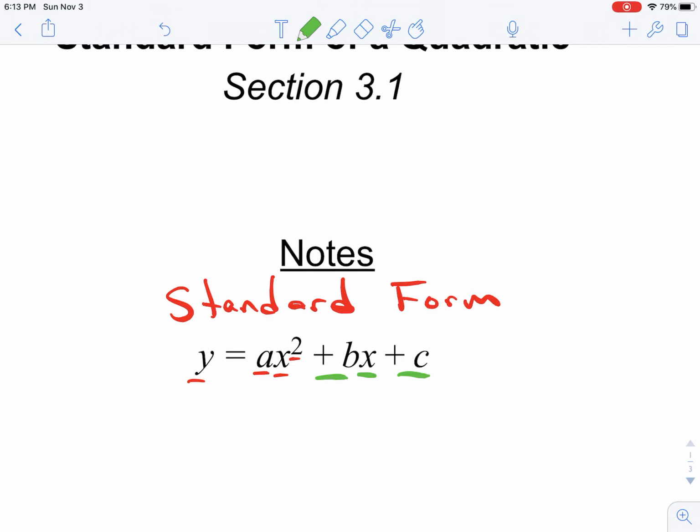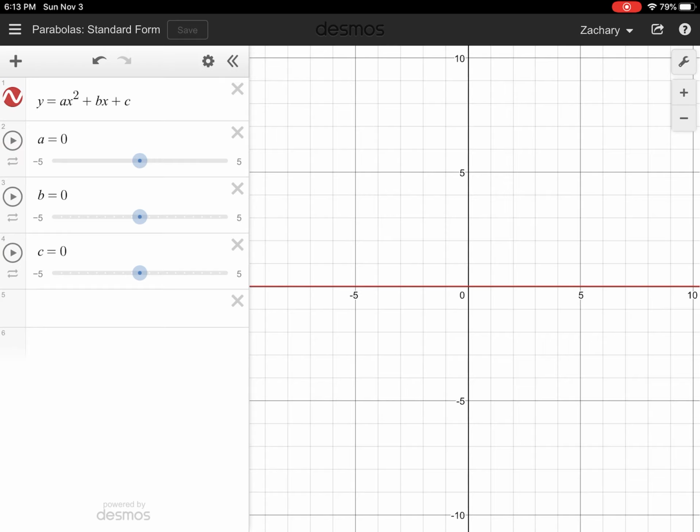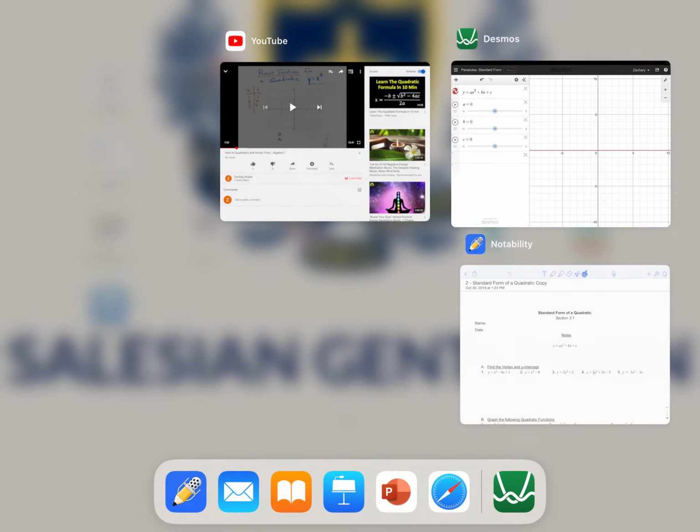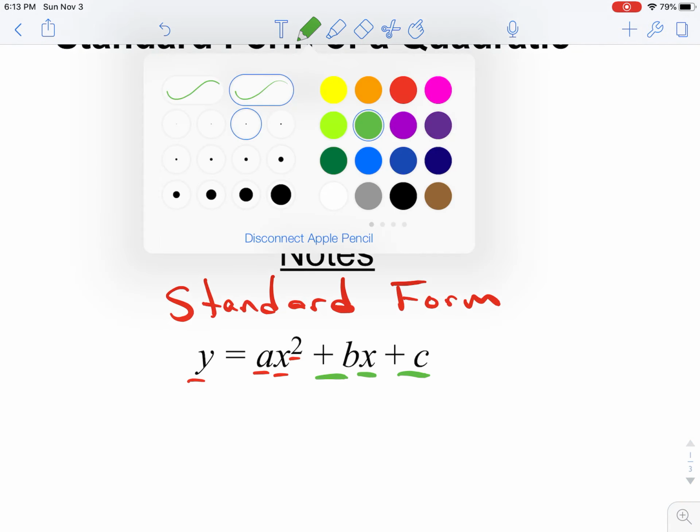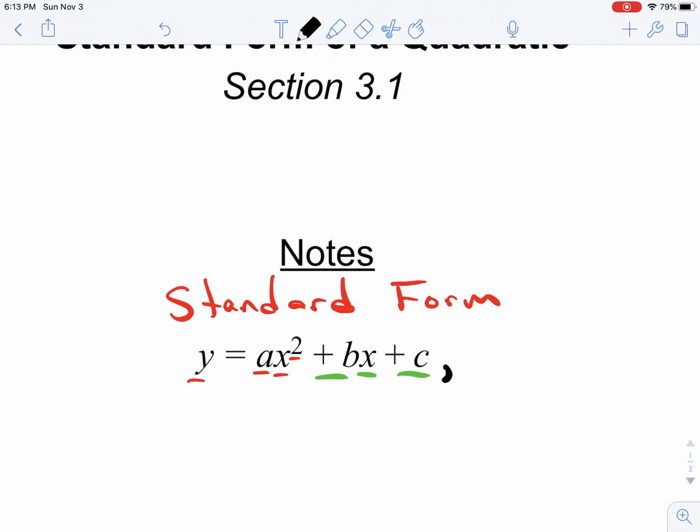So I'm going to flip back and forth between two screens here, but notice how I have the sliders turned on for ax squared plus bx plus c. And if the a, b, and c values are all 0, notice how we get a flat horizontal line. That's because our a value is 0. So one of the things I'm going to add to these notes is that a cannot equal 0.